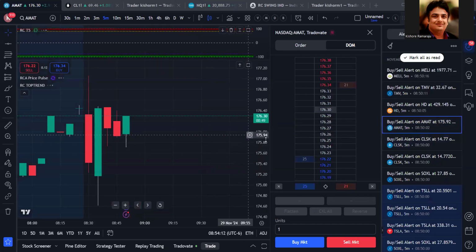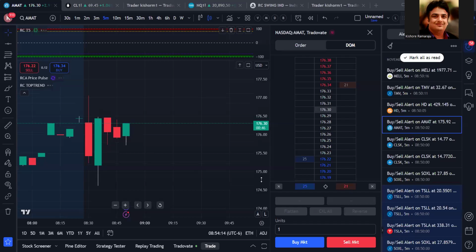Now we got a buy on MAT. What do you think we should do for MAT?